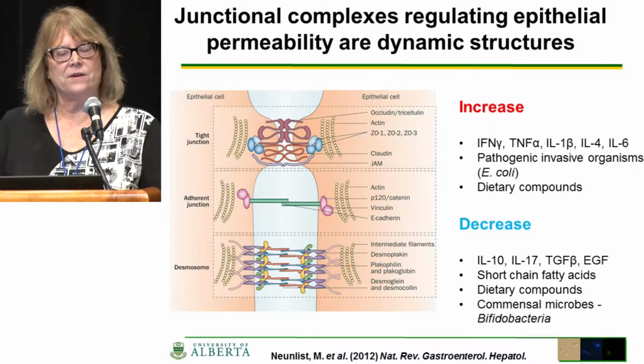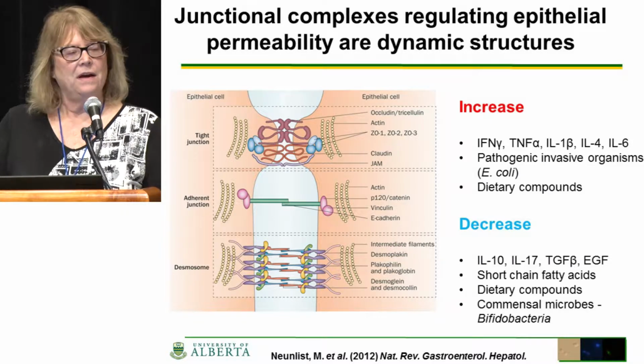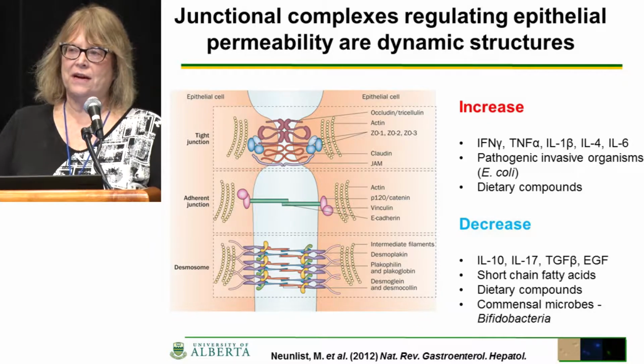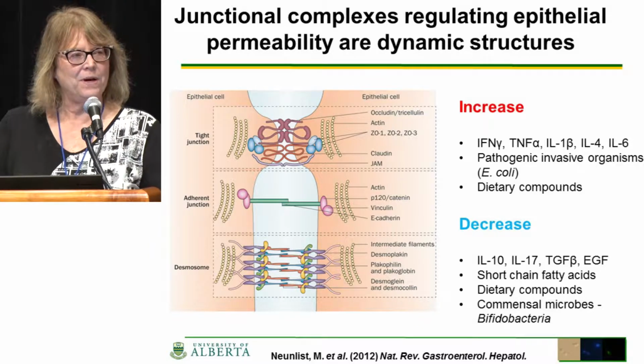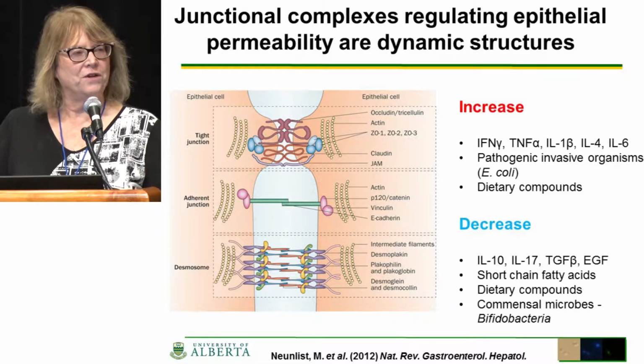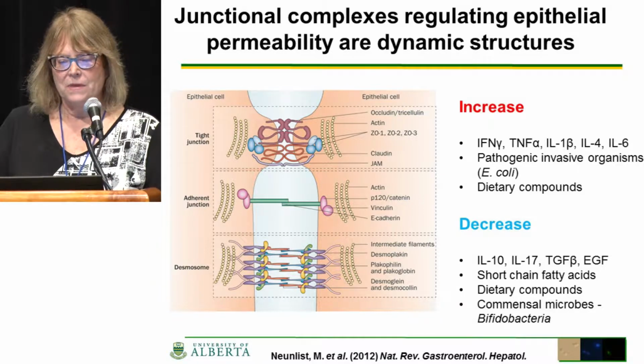A lot of dietary compounds can act on the claudins, which are in here, can act on occlusion by phosphorylation. It can change the type of claudins that are in the pathway, so different claudins have different size pores. If you have a claudin 2, it has a very large pore size, a lot more can come through it.